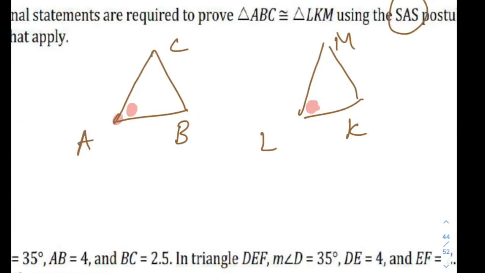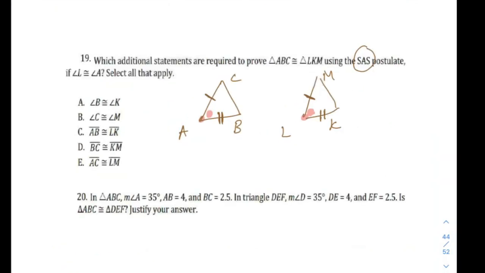Since we have chosen this angle, you need to choose that this side is congruent to this side and this side is congruent to this side. We don't have another choice. That means we have to choose C. AB is congruent to LK, and we have E, which is AC is congruent to LM.